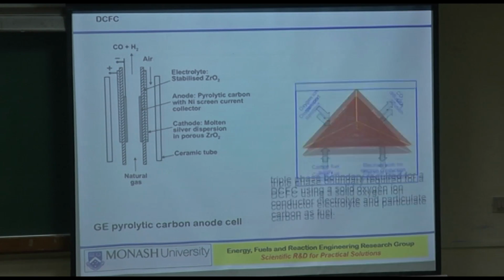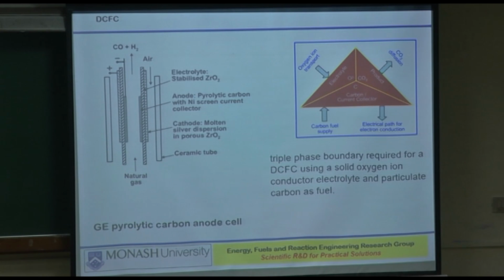So the most important thing that I want to bring to your attention is that in any direct fuel cell, there are three things very, very important, and this is called, concept-wise, the triple phase boundary, and do remember it. You will hear it if you follow that literature quite a lot. That triple phase boundary means, as it is shown in here, in one area you have the carbon contacting with the anode. In another part of that triangle, you have the electrolyte, and through the electrolyte the oxygen transport is important.